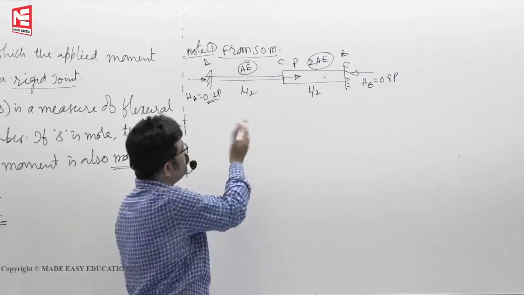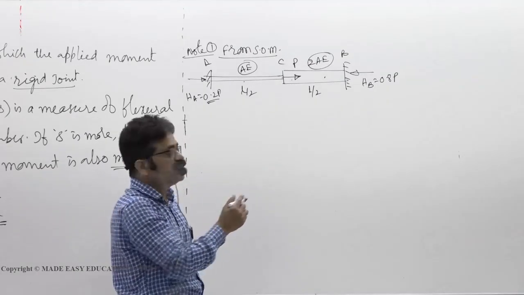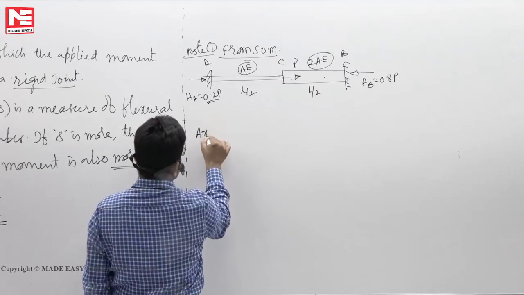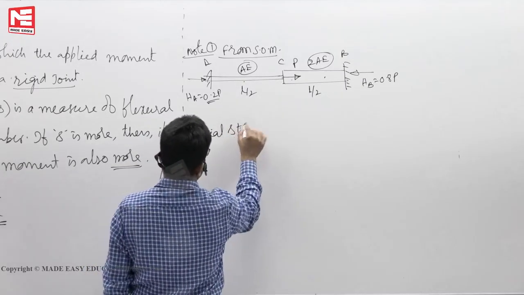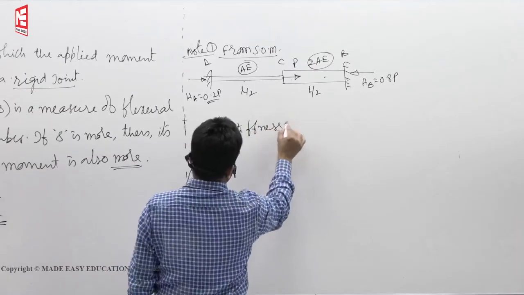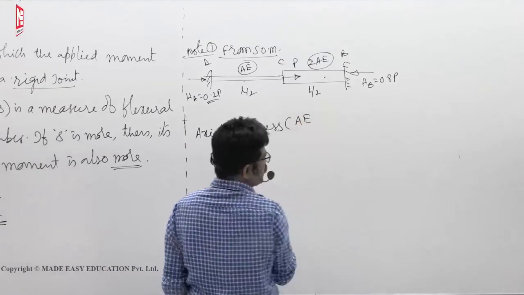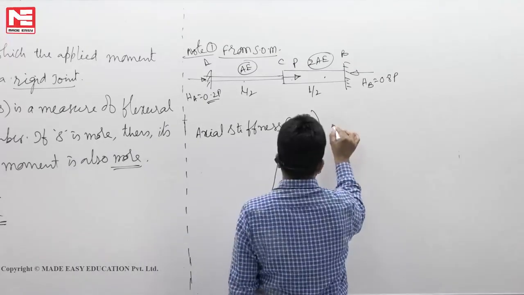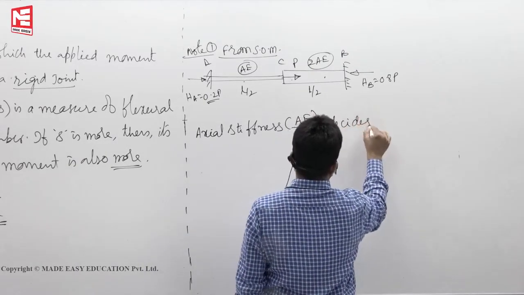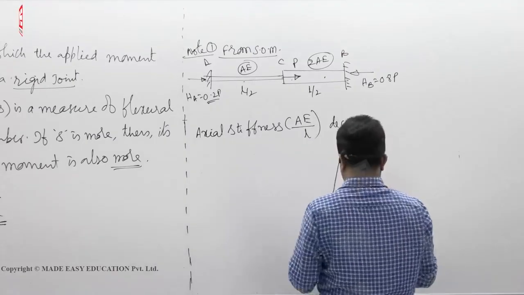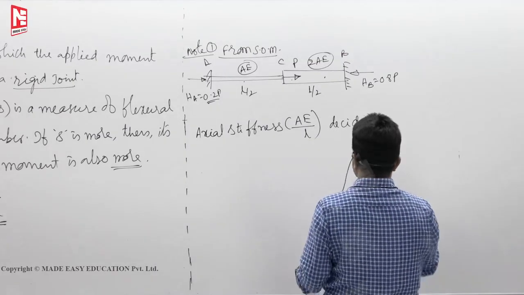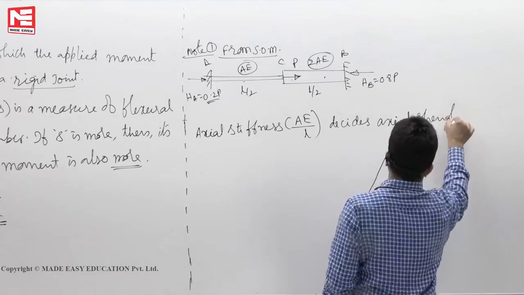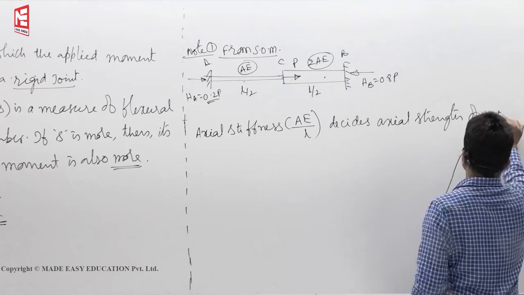Then who will decide who will take more load or less load? First chapter, strength of materials, this is what you have learned. Axial stiffness. What is axial stiffness? AE means axial rigidity, and per unit length it is called axial stiffness. Axial stiffness decides axial strength of a member.